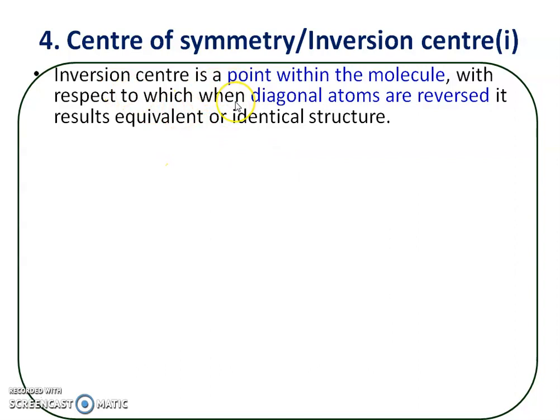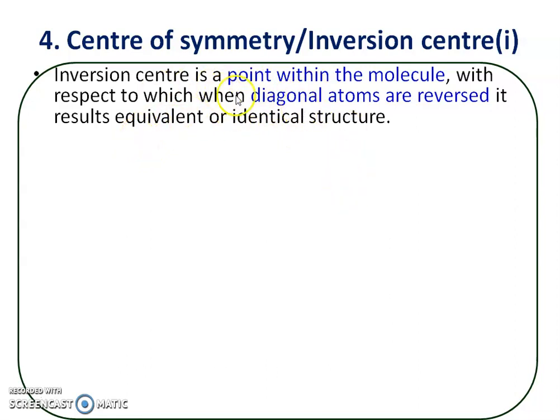Inversion center is a point within the molecule with respect to which, when diagonal atoms, which must be similar, are reversed or exchanged, it results in an equivalent or identical structure.